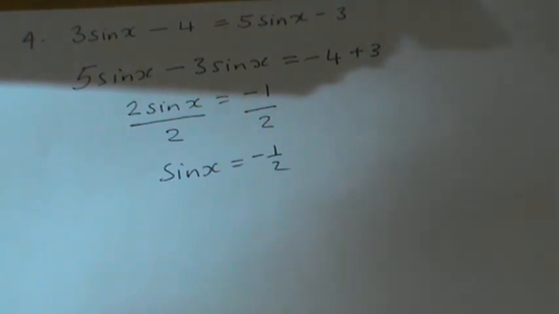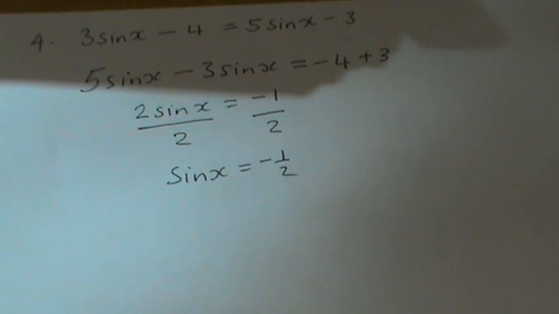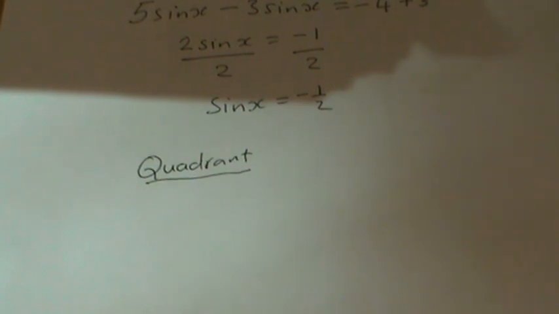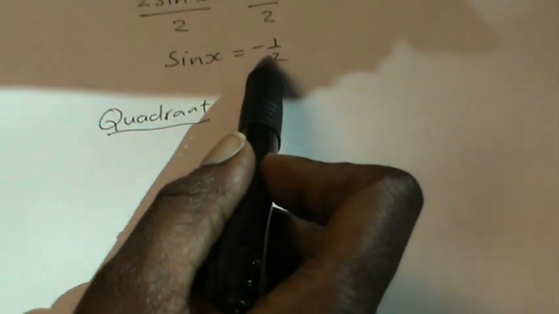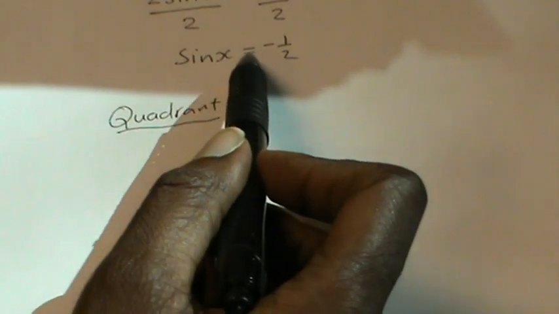Okay, so the second step was to determine the quadrant that it lies in. So this is the quadrant. Okay, so this time I'm not going to draw the quadrants. I think we should be familiar with it by now, and we can already tell. Now here sine of x is negative. Then you can picture it in your mind.